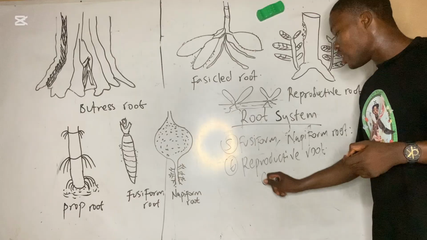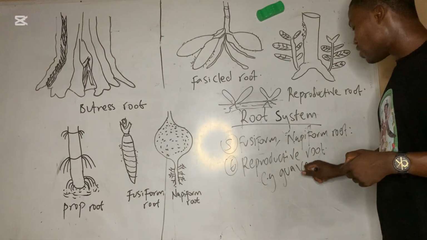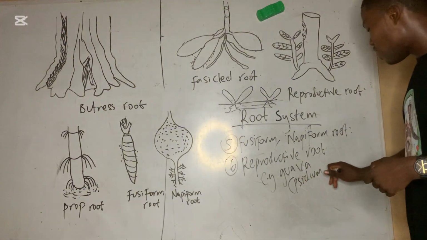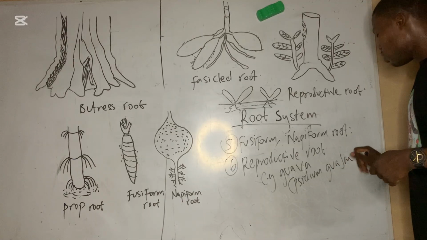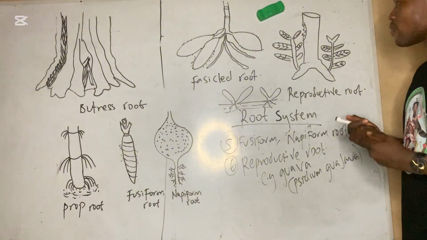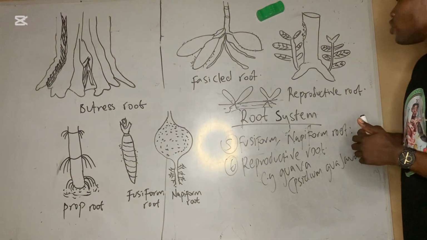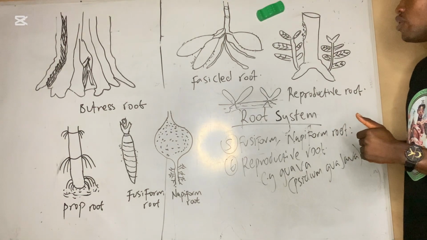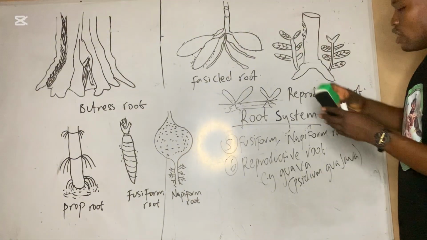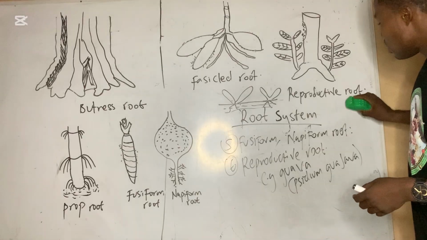For example, in guava, Psidium guajava, a taproot system, the branches are reproductive, so they can generate a new plant. So when a root can generate a new plant, it's said to be a reproductive root. So that's that for that.